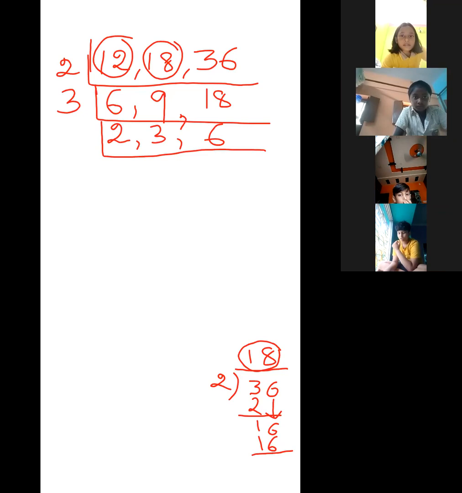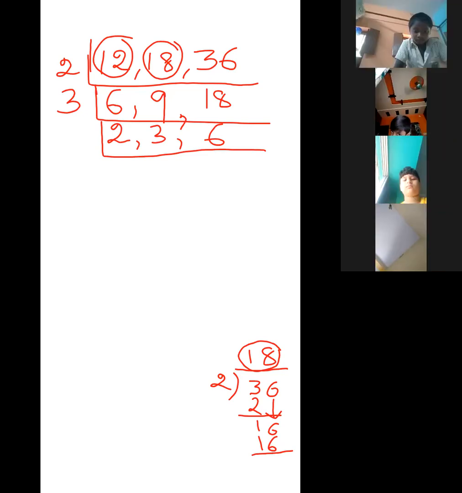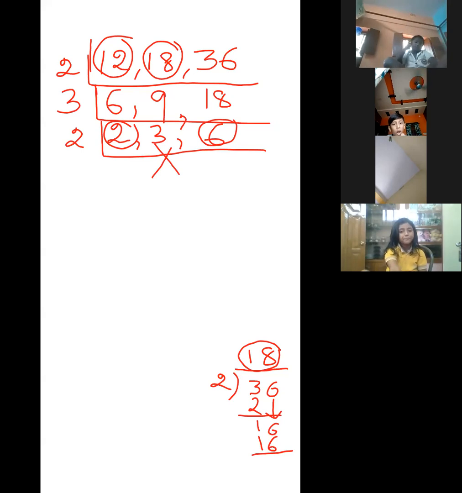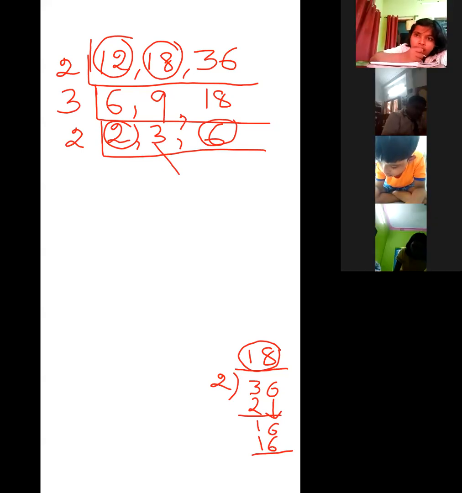Now look at this. The numbers are different, no? If we take 2, then this 2 and this 6 will be divisible, but this 3 is not. So what to do? No issue. As it is LCM, no issue. Always give the priority to the majority.